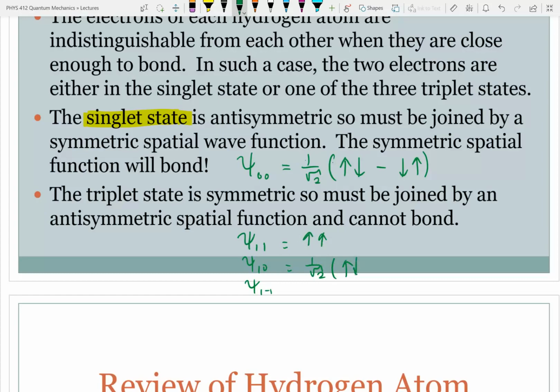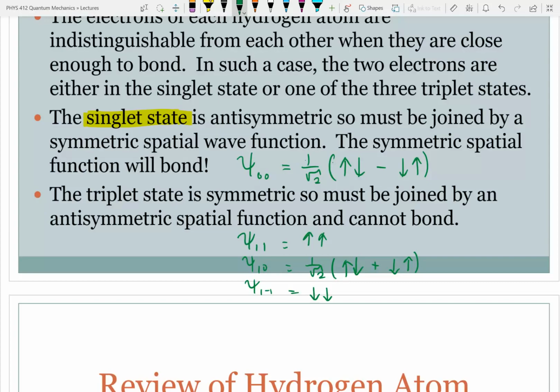And the middle one's the only one we actually care about in this context. The other two are clear. There's no exchange difference in the 1,1 or the 1,-1. It's clearly symmetric. And then because of the plus sign, the 1,0 is symmetric.